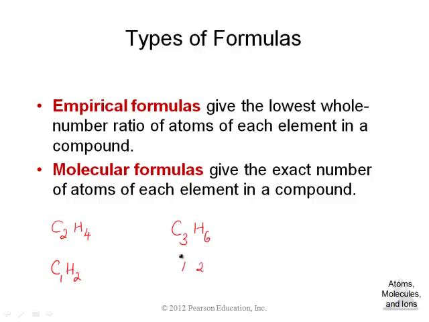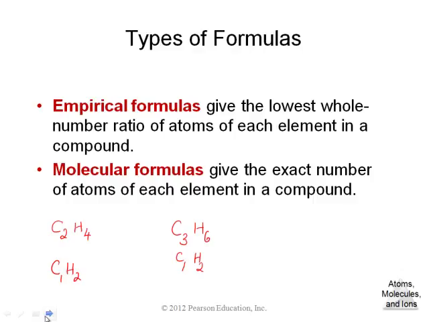Or you can again write CH2. So note that both of these two different compounds can have the same empirical formula. As I said, empirical formula only tells you the ratio of elements. That's all. It doesn't tell you anything else. Whereas molecular formula gives you the exact number of atoms of each element in that particular compound. And when that changes, you are actually changing a compound.